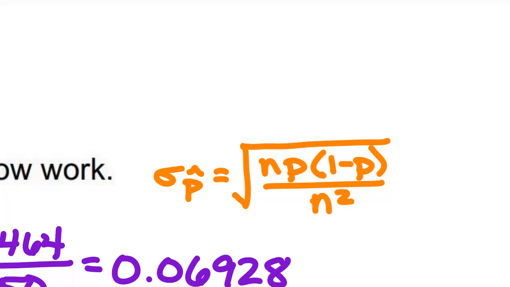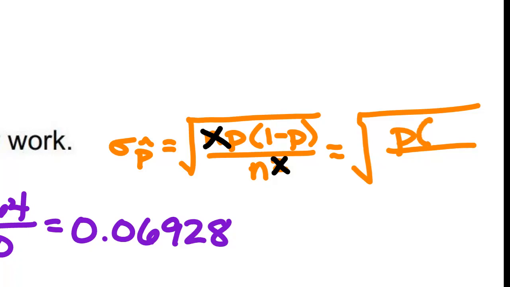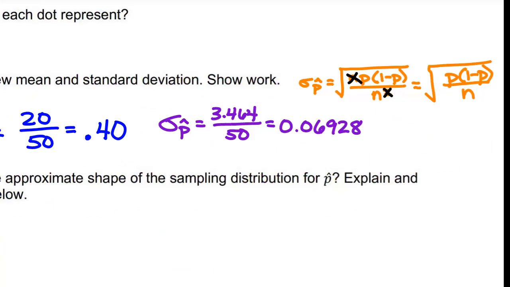That'd be n squared. But the n in my numerator is going to cancel with one of the n's in my denominator. So the formula that we use to find standard deviation for p hat is the square root of p times 1 minus p over n.